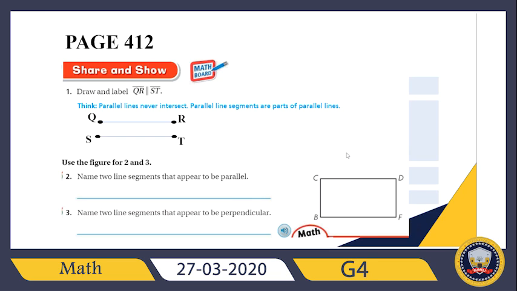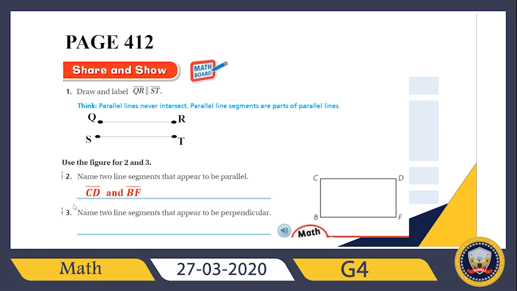If you want, you can write line segment CD and line segment BF, they are also parallel. So I will write line segment CD and line segment BF, they are parallel lines. But remember, there is one more option to make sure of the parallel lines.